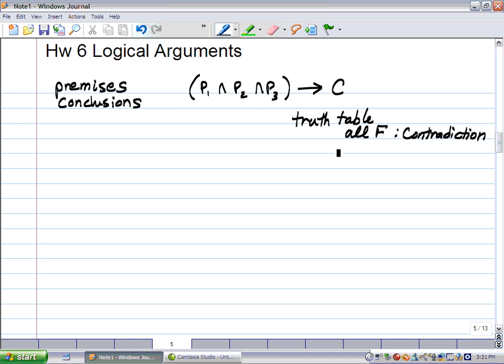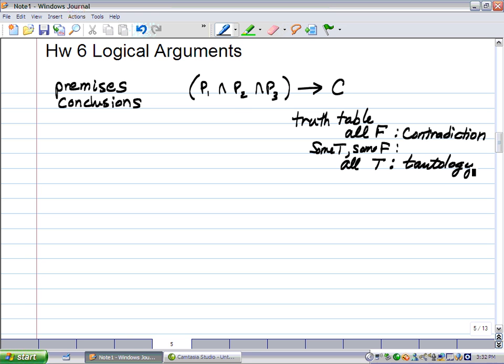Okay, we could have some true and some false. Maybe I should make the true capital. Some True and some False. And I don't know a name for that. Or we could have all true. All true is called a tautology.